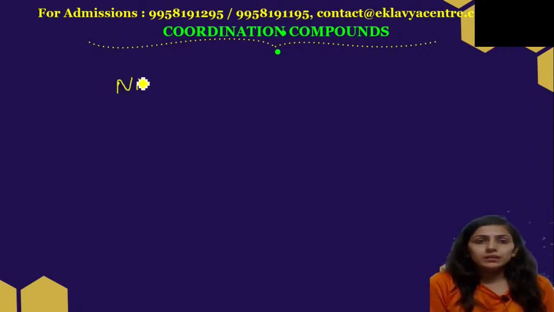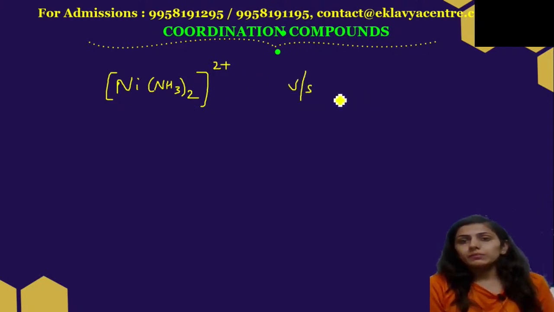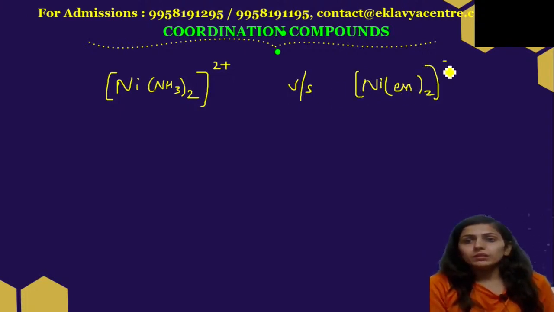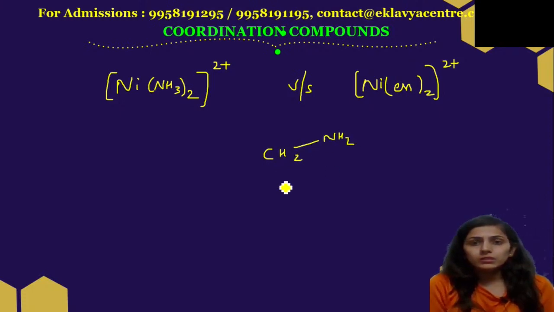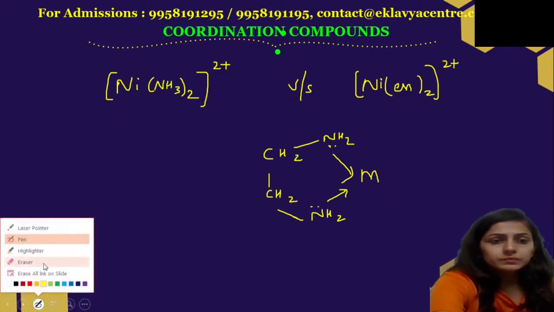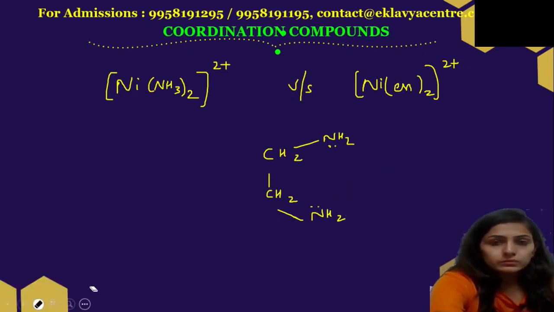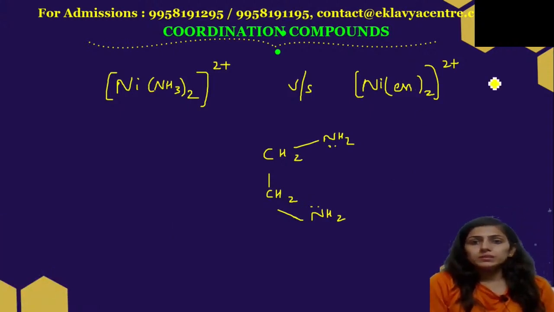I'll show you with the help of an example the chelating ligands and what are chelates. Suppose we have Ni(NH3)2 versus Ni(en)2, that is ethylenediamine. Now this compound will be written as NH2CH2CH2NH2 bound to the metal, or you can simply write nickel, Ni2+.